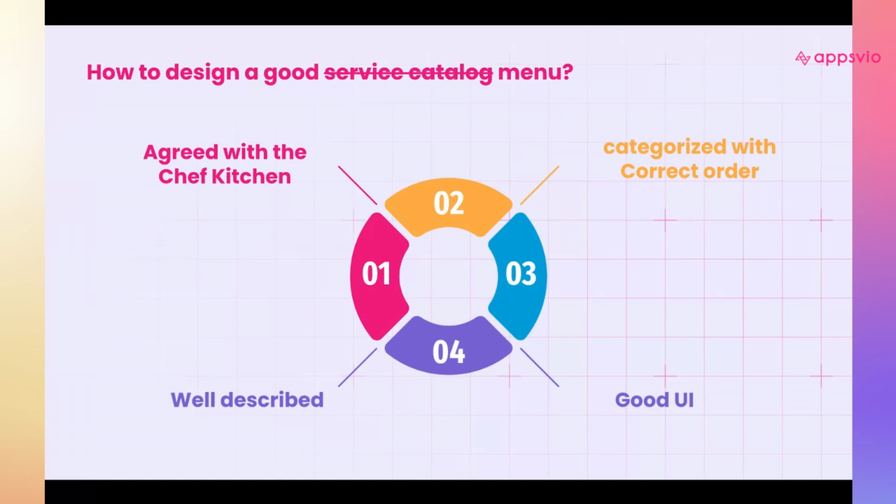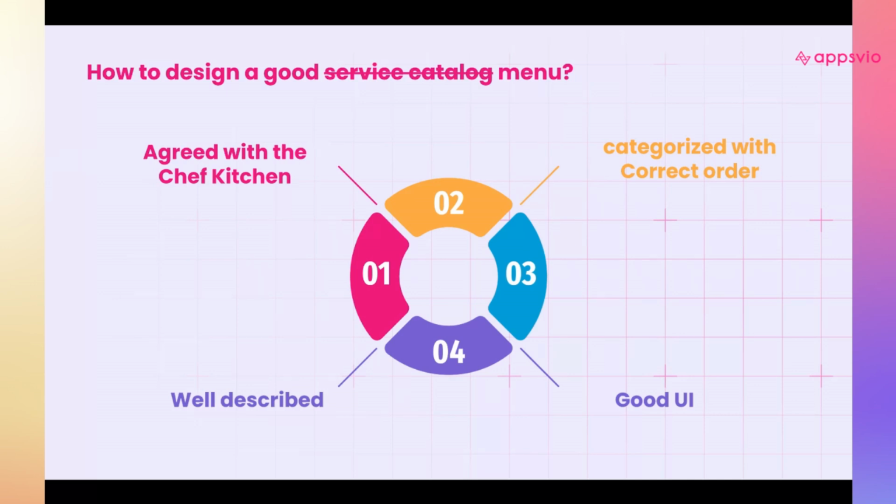Categorization of meals with the correct order is very important. Within each category, meals should be well described, including the price, all ingredients, and a list of allergens. Sometimes there's a photo of the meal to better understand how it looks, but it's probably more common for fast food than restaurants.